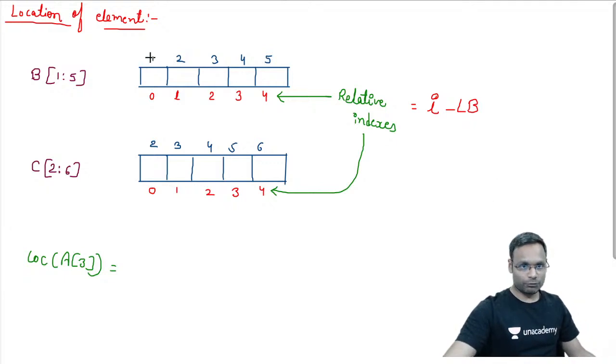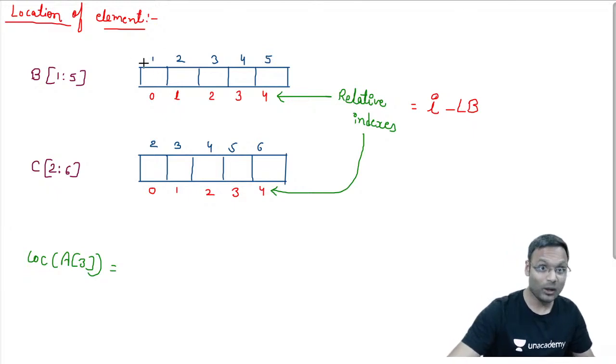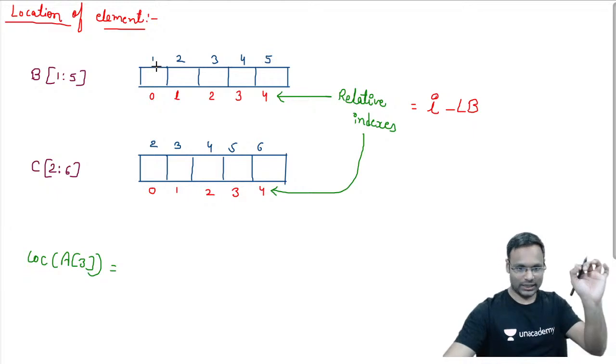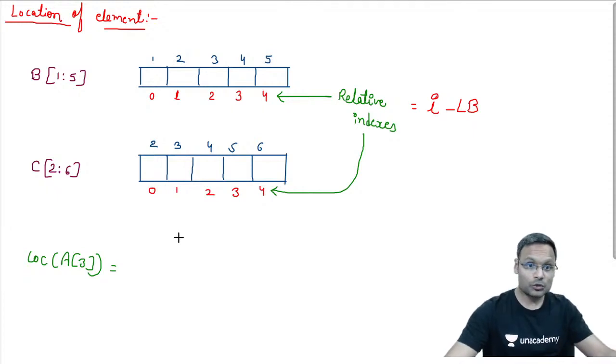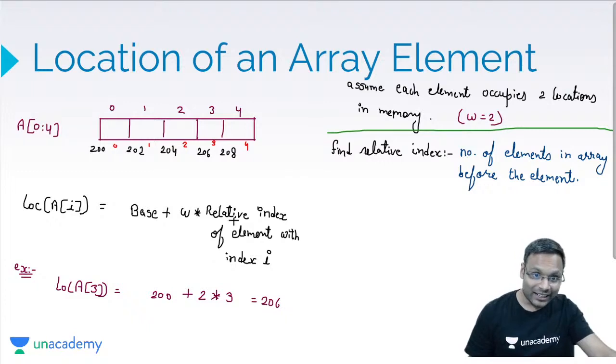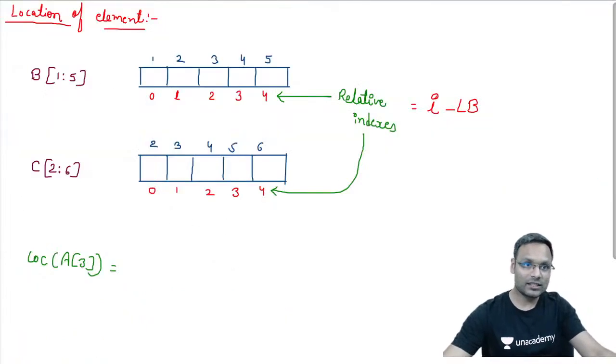Here we subtract 1 from each, because the lower bound, the first index of the array, is 1. Here the lower bound is 2. That's why minus 2. In each value you just subtract 2, and you'll get these relative indexes, right? So the formula for getting the relative index is very simple.